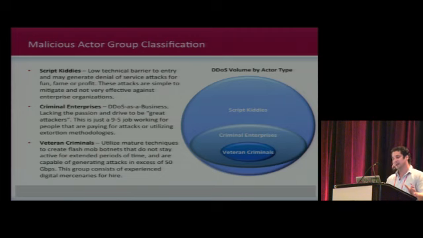This is exactly as it says here, a 9-to-5 job. These are fully funded, just clock in, clock out, with very specific campaigns, depending on motives, against certain targets and industry verticals. And then you have your veteran criminals. This is the smallest scope within the graph, but it is by far the most highly funded, with massive botnets and attack vectors.